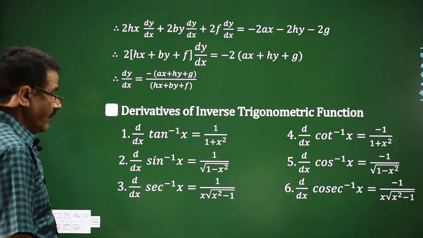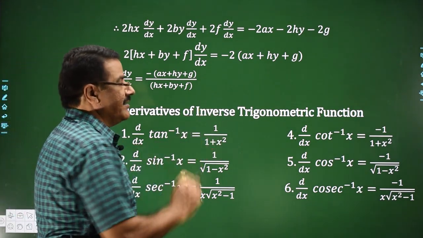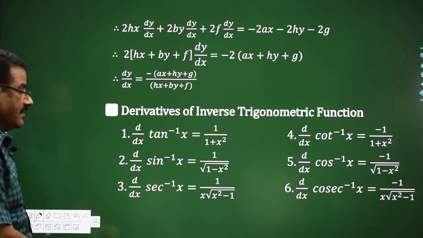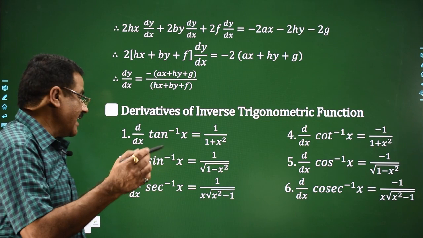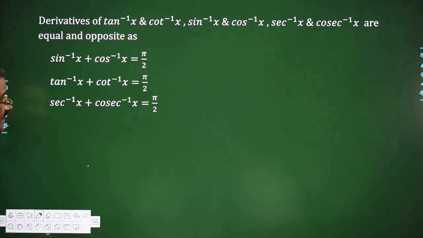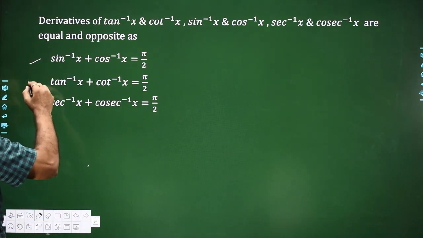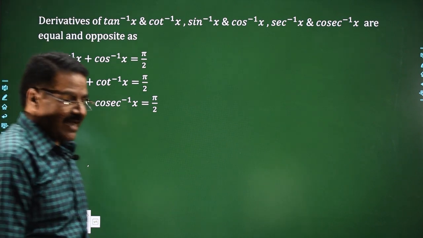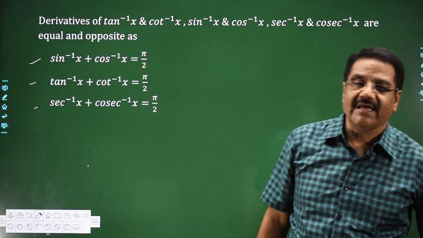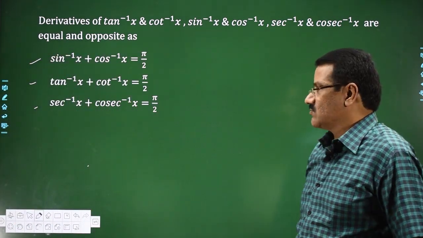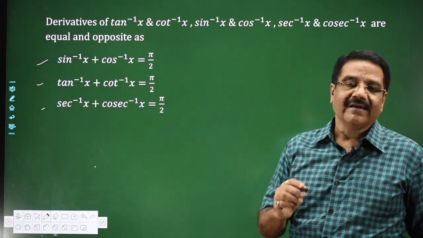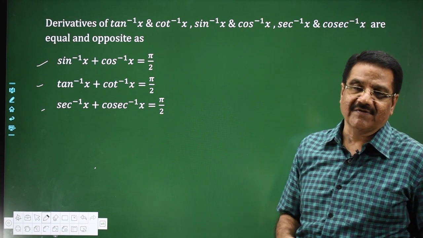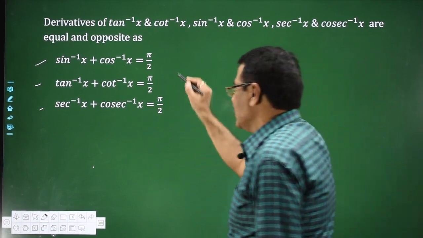Why is it so? Why are derivatives of tan inverse and cot inverse equal and opposite? Why are derivatives of sin inverse and cos inverse equal and opposite? You can see the reason here. These are the standard inverse trigonometric function formulas. Sin inverse x plus cos inverse x is always equal to pi by 2. That's why derivatives of sin inverse and cos inverse are equal and opposite. See here.